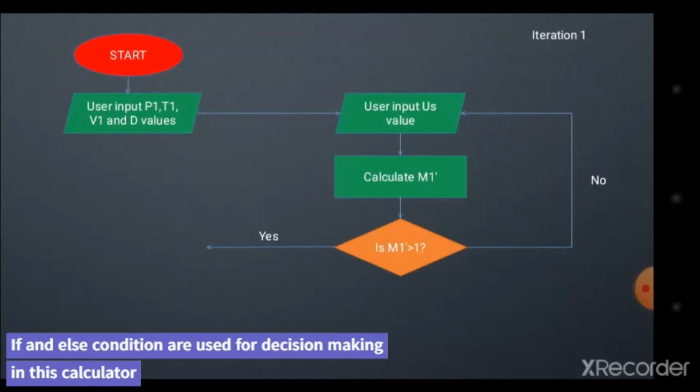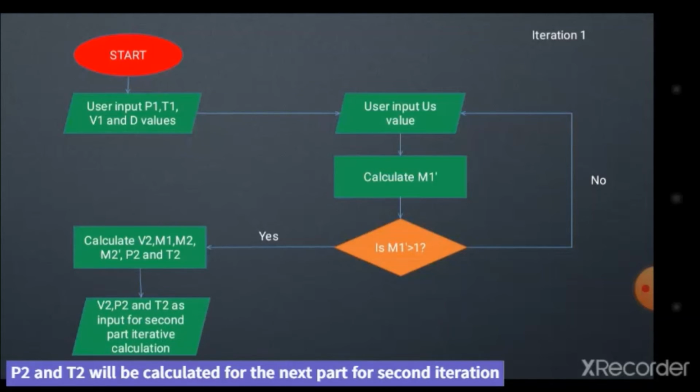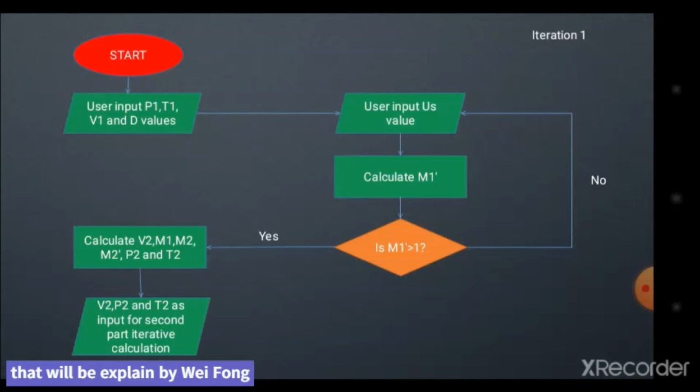If and else conditions are used for the decision making in this calculator. After ensuring that M1 prime is larger than 1, V2, M1, M2, M2 prime, P2 and T2 will be calculated for the second iteration that will be explained by Fong.